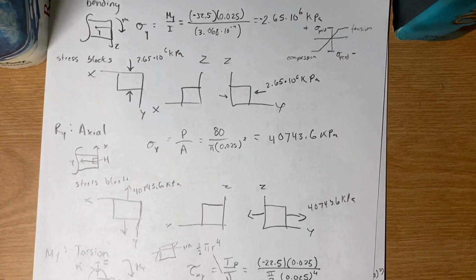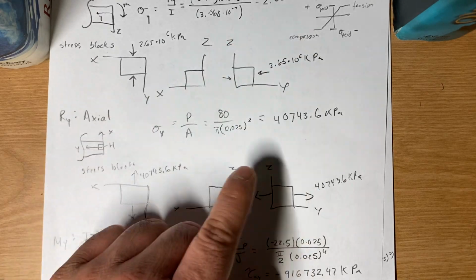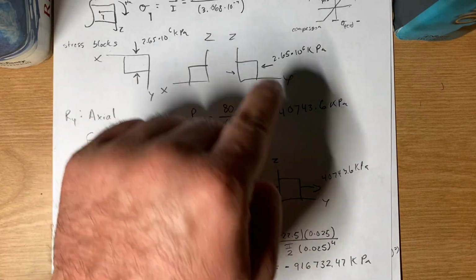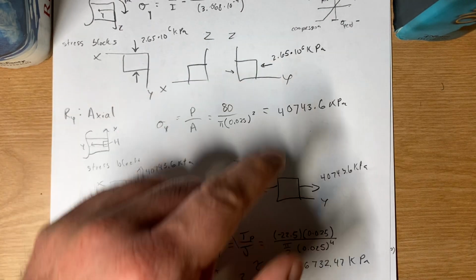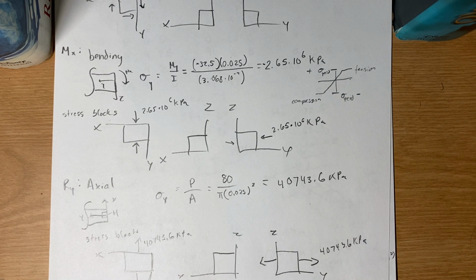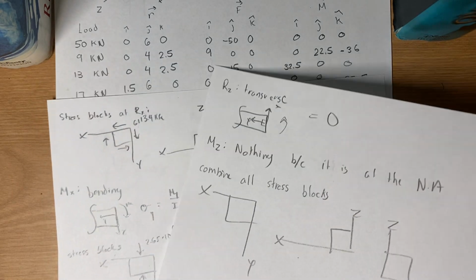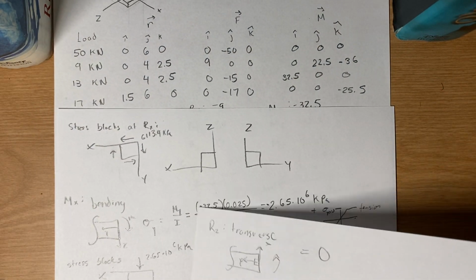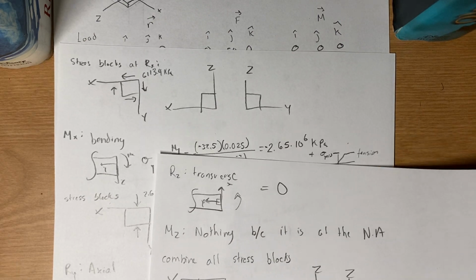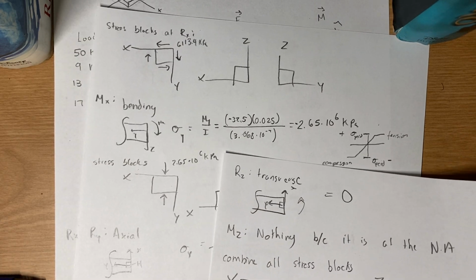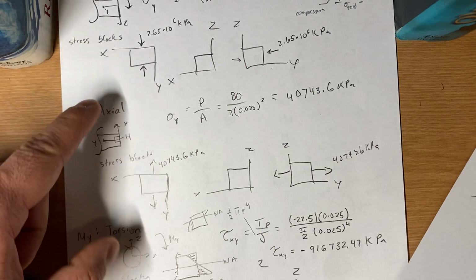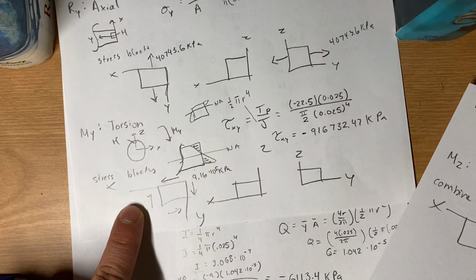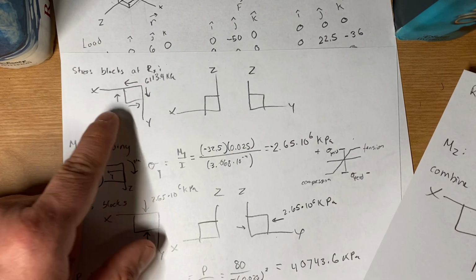For my ZY, I do have two, so I know this one is in compression, this one in tension. I have to add those two, which would in theory actually subtract from each other. So just to speed things up, I'll explain as I go, but if you add this one and this one, or this one and this one, they're both negative.